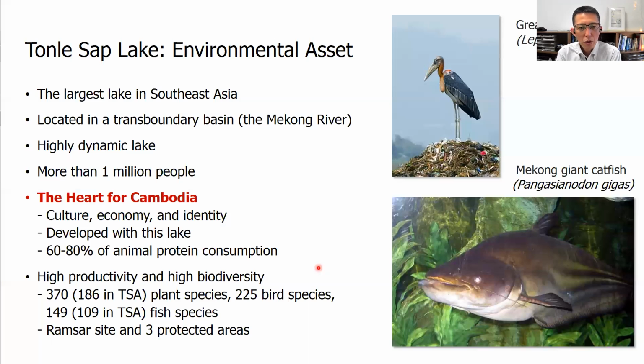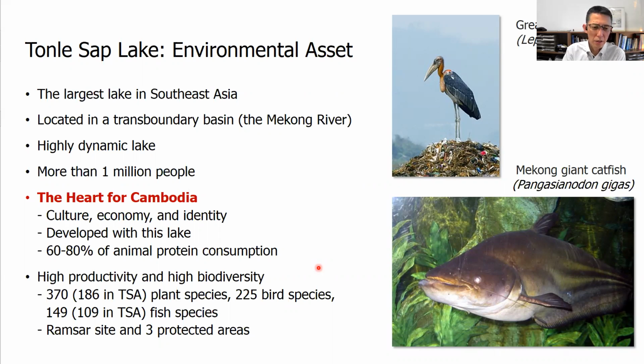Now I would like to show you the summary of the important points of this lake. This is the largest in Southeast Asia, located in the downstream of the Mekong, with a unique hydrological process. One million people or even more rely on this lake system. Because of this hydrological dynamics, people rely on the fishery, and the fishery provides the major protein.